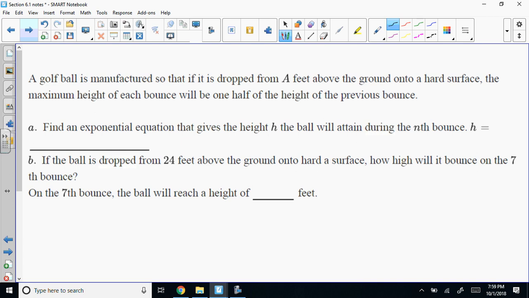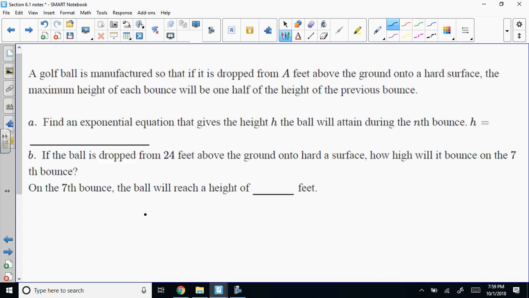Find an exponential equation that gives the height of the ball, h, that will be retained after n bounces. Do we know how high the ball is? No, we don't know. So h equals the initial height, H sub 0. Are you okay with me using H sub 0?